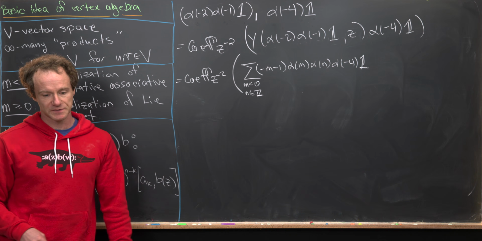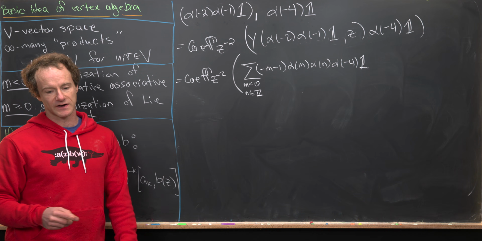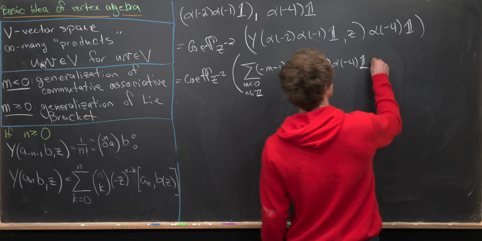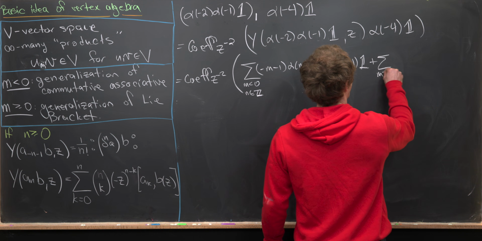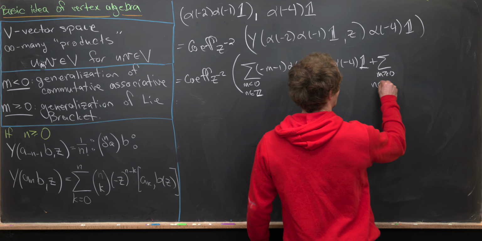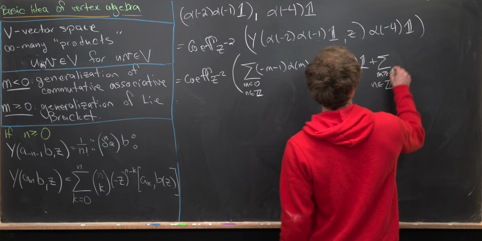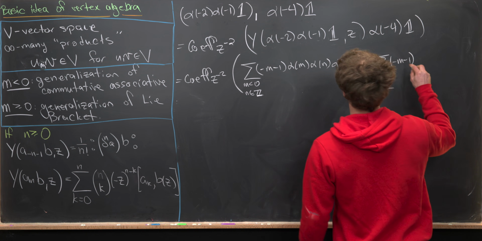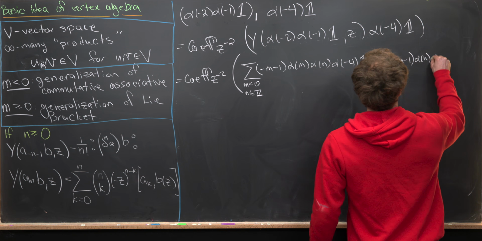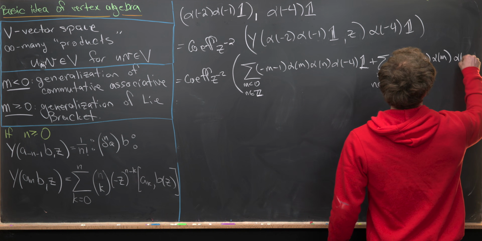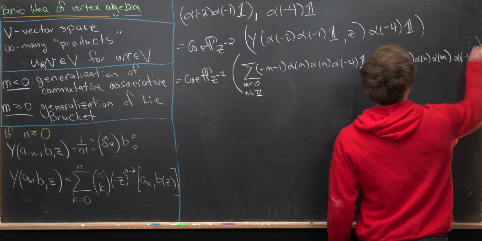So that's our first part, and then we'll have something very similar for our second part. So this will be the sum over all non-negative m and all integers n of, again, minus m minus 1, alpha n, alpha m, and then alpha minus 4 on the vacuum.